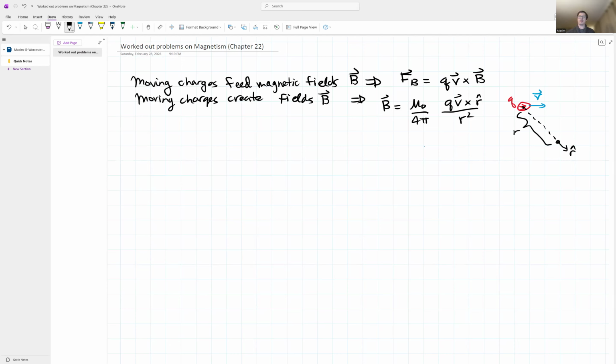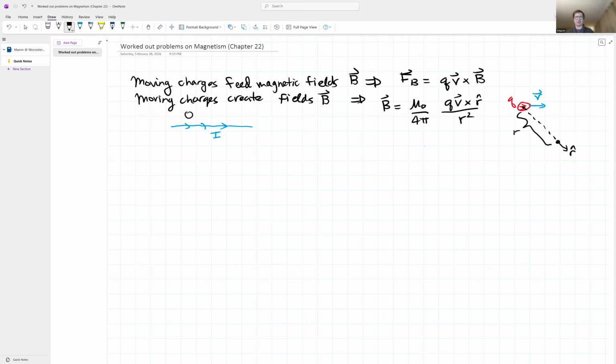So there's another version of this that is used, and that's when you have a line of charge, meaning a current. So you have a current I that's moving, this will also produce a magnetic field, and the magnetic field is going to the right here.